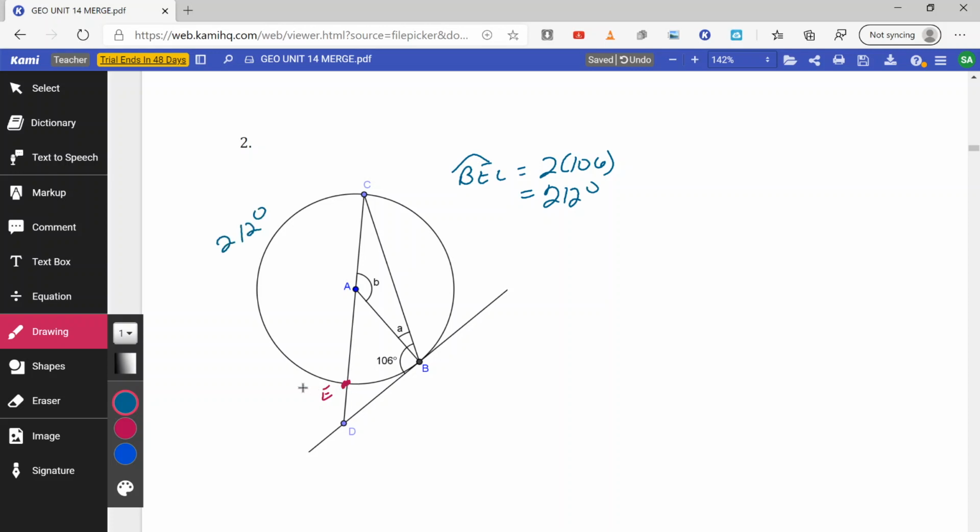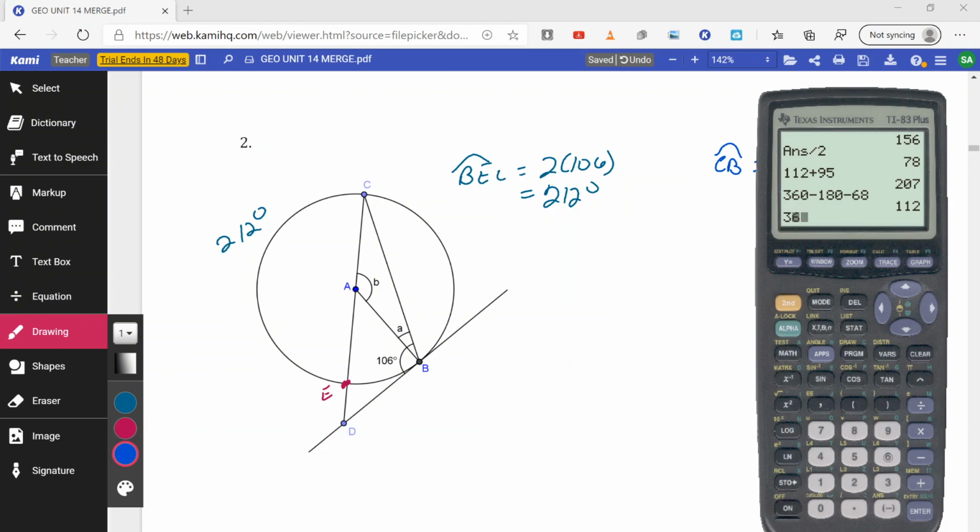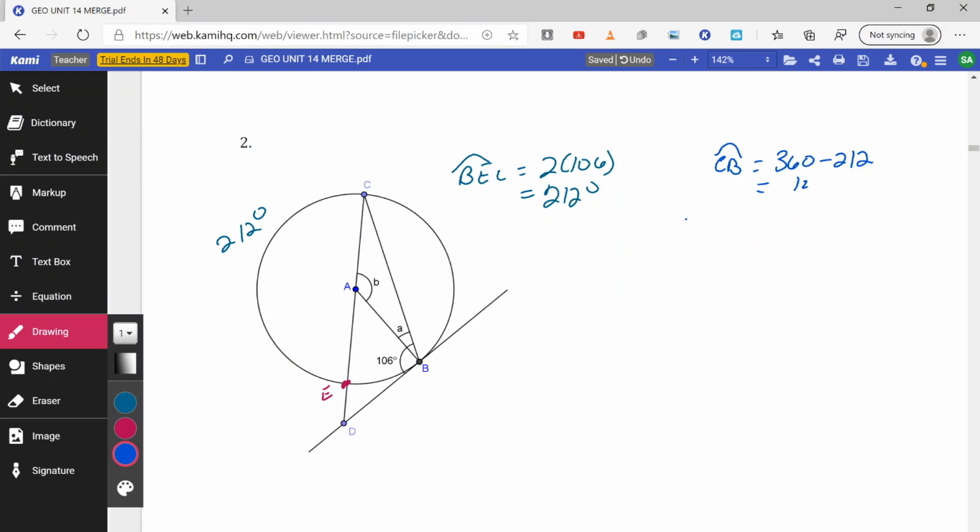Because we know this part, CB is going to be the remainder of it. A full circle is 360, so arc CB is going to be 360 minus 212, which is 148 degrees.